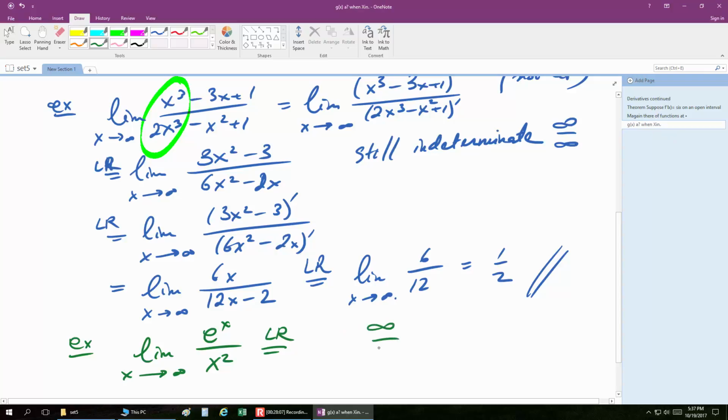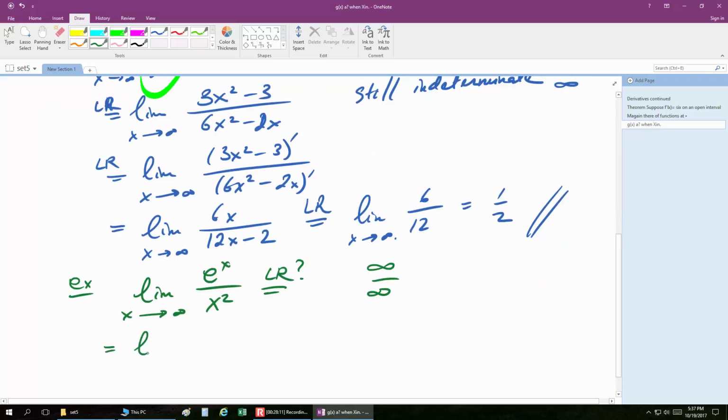So L'Hopital's rule applies, and I differentiate these two, e to the x prime, x squared prime. What's happening is that the exponential function's derivative is the same function, so no trouble. Nothing happens. In the meantime, something has happened in the denominator.